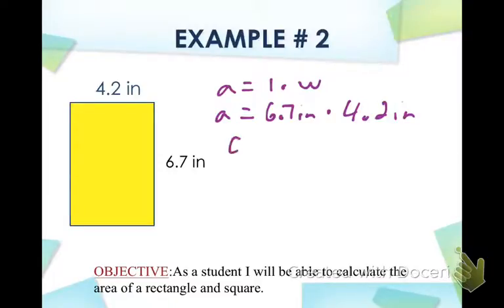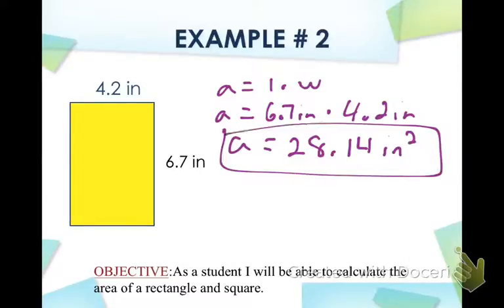And look, you have a calculator, so this time when you multiply those, you don't have to do all of the work. So you're going to put those into your calculator, and you can do that with me if you have it with you. Put in 6.7 and multiply that by 4.2, and you should get an answer of 28.14 inches. And remember, it is squared. So ladies and gentlemen, that is number 2.